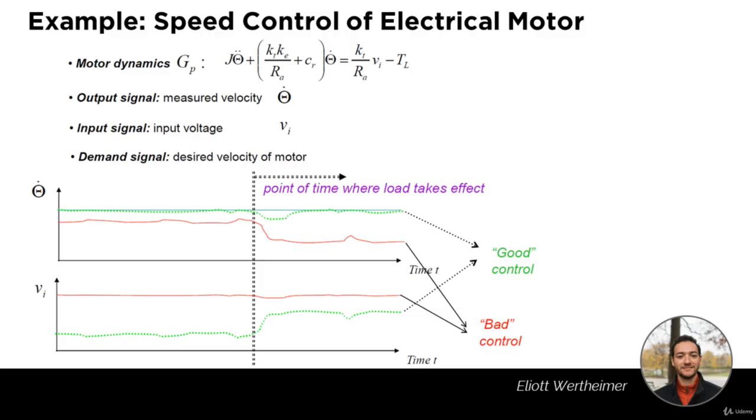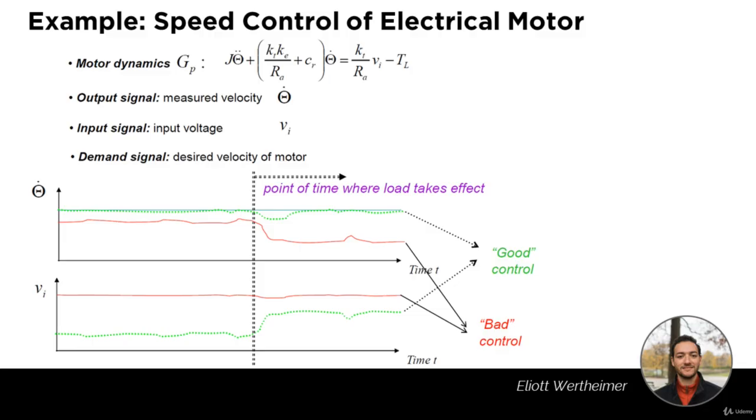In the case of bad control, first of all, the red curve before the point of time where load takes effect is not exactly where it should be on the demand signal, and it gets even further once the disturbance of the load comes in.